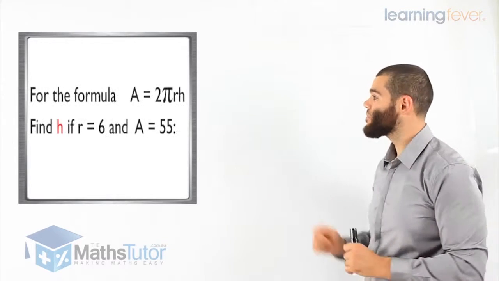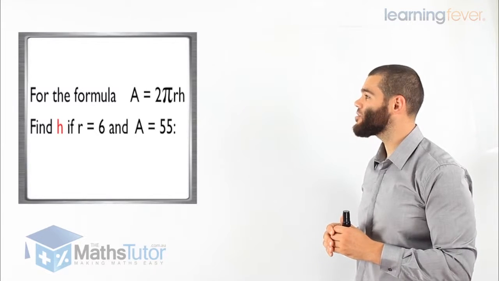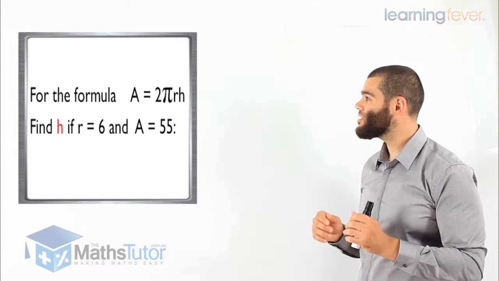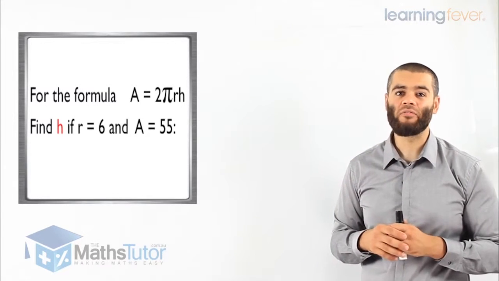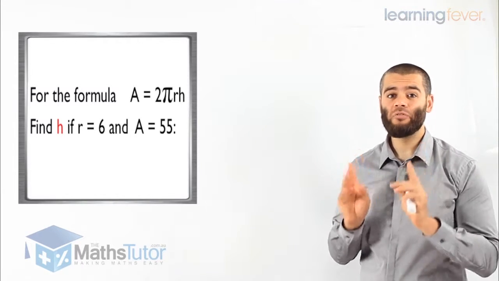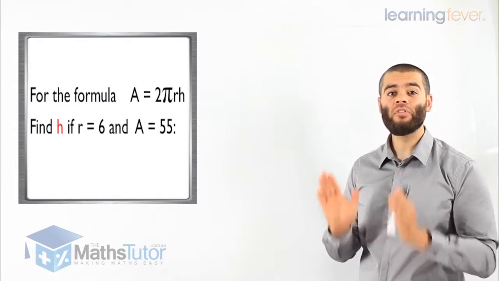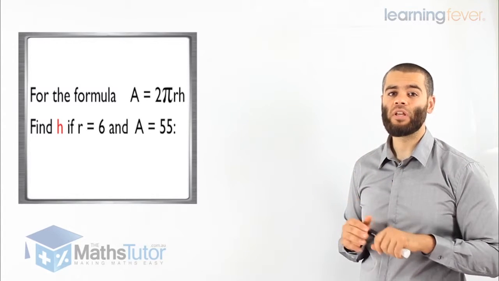For the next formula, A equals 2 pi r H. Find H if R is 6 and A is 55. Once again, what do we do? We have to substitute the information we have into our formula first before we can complete it.